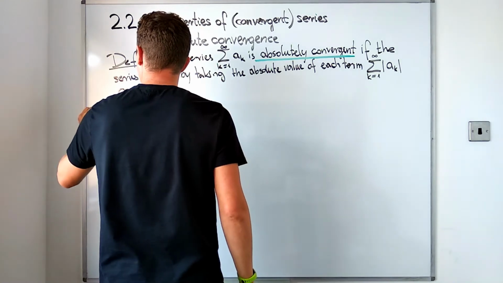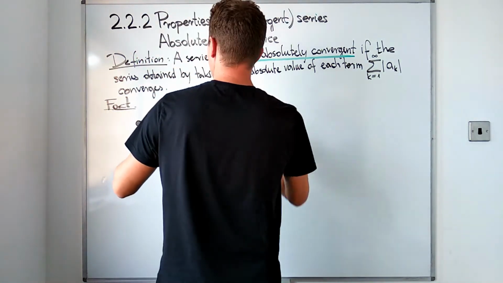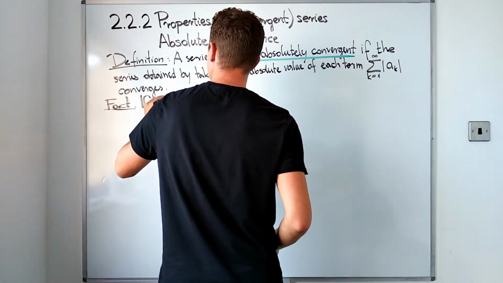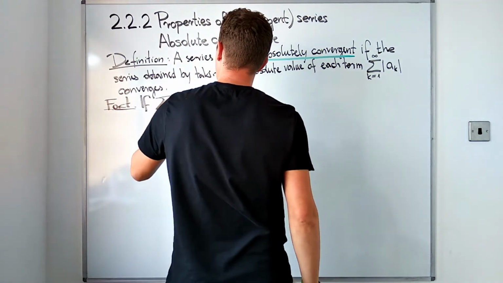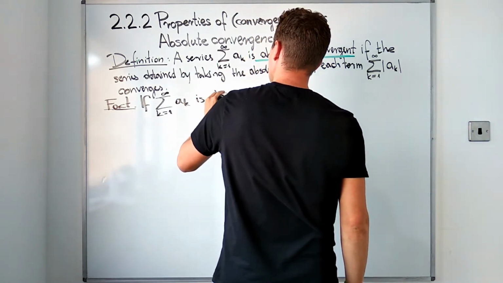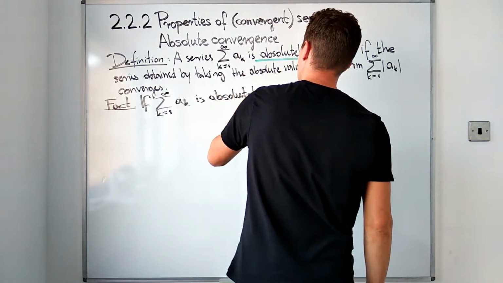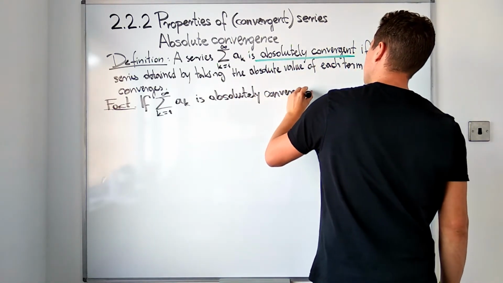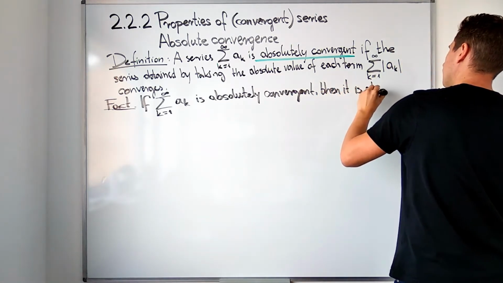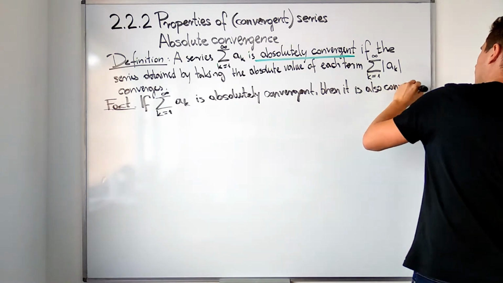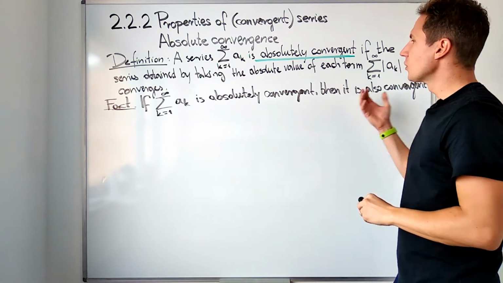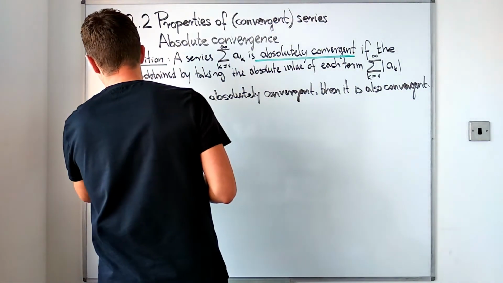I won't be able to prove this in this module, but it is an important fact: if the sum of ak with k going from 1 to infinity is absolutely convergent, then it is also convergent. So absolute convergence implies convergence, and that is a good thing.